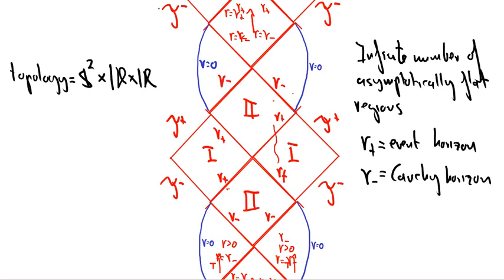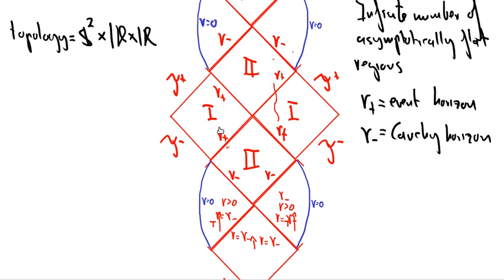Why am I calling this Cauchy horizon? The reason is that the union of all these four regions gives us a globally hyperbolic subset, because I'm just going to draw a Cauchy hypersurface here.